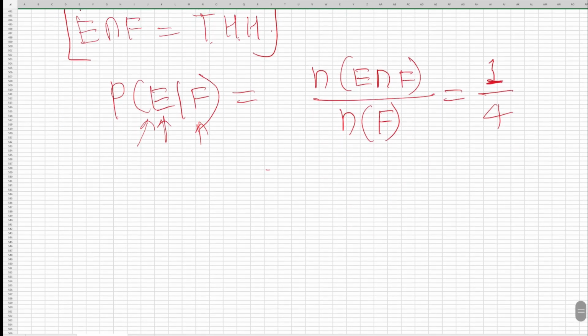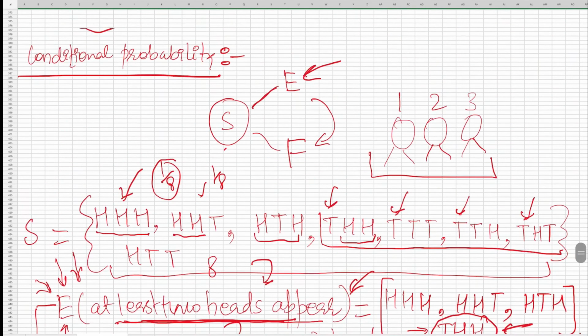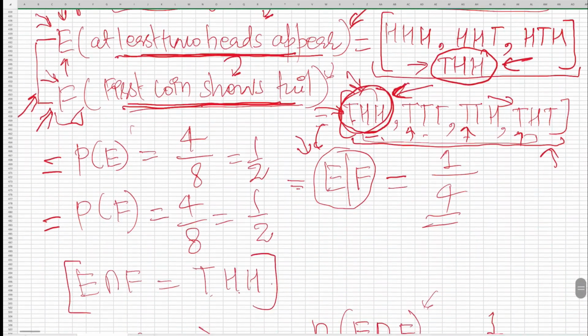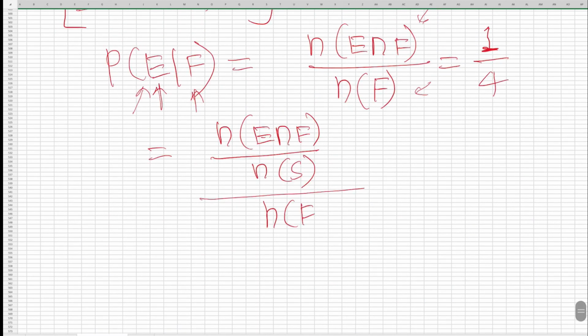Now let's do some mathematics on it. Divide these two things by the number of outcomes of sample space S. So we have N(E common F) divided by N(S), the number of elements of sample space S, which has 8 elements, and at the same time N(F) divided by N(S).